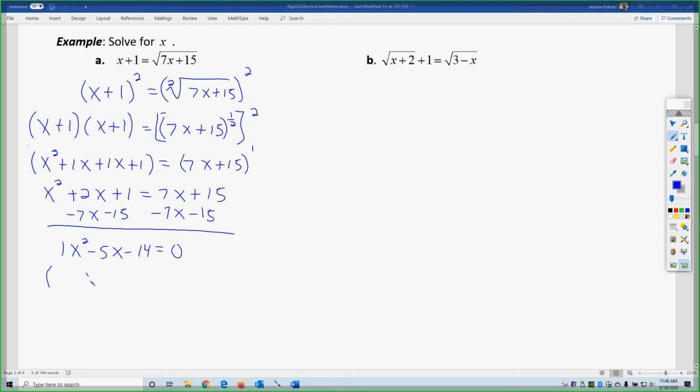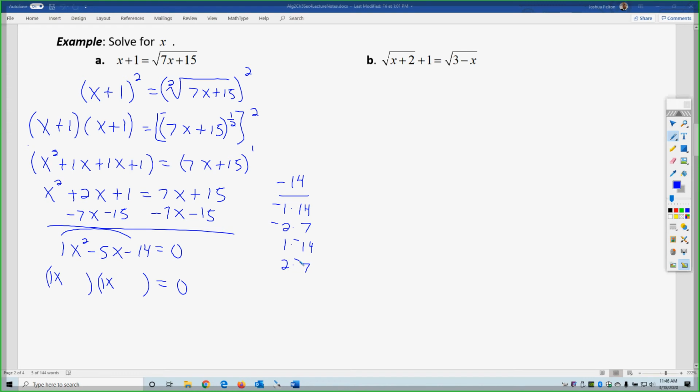So if we factor, we get 1x and 1x. 1 times negative 14 is negative 14. So that's 1 times 14, 2 times 7. But the thing is, one of these has to be negative. So either the first one is negative, or the second one is negative.